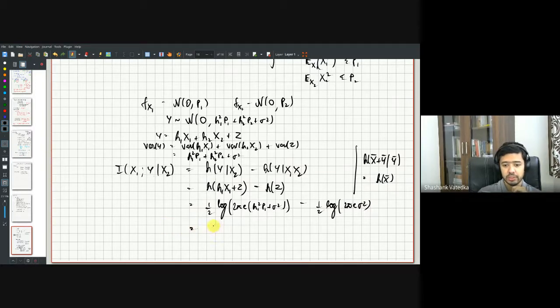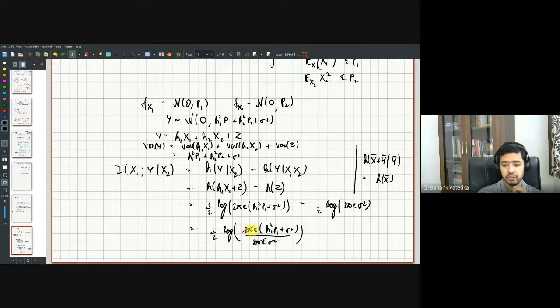Right, so this is basically half log 2 pi e times h1 square p1 plus sigma square divided by 2 pi e sigma square.